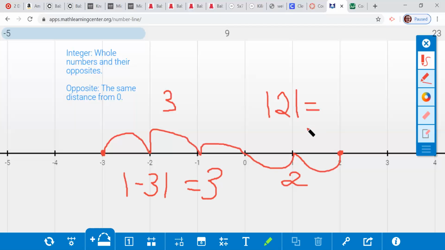The absolute value of a positive number is not its opposite, but is a positive. Remember, absolute value means distance from 0. So the absolute value of positive 2 is not negative 2. It is instead positive 2.